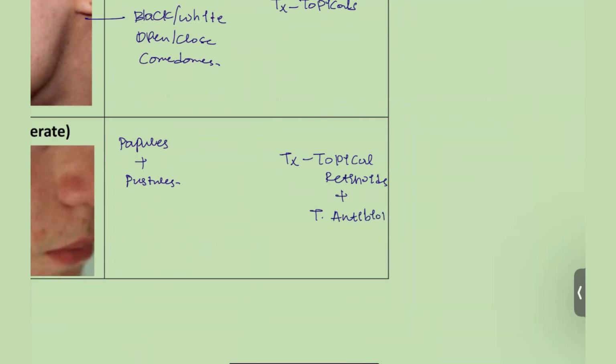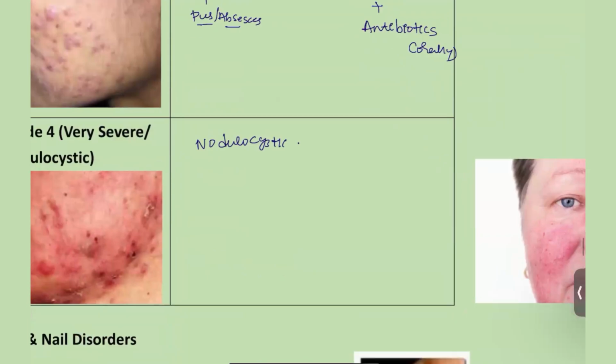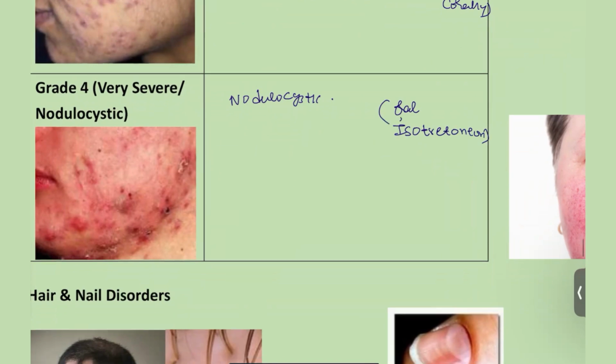Next, grade 3, you are going to give the topicals, plus due to abscesses and pustules you have to give oral antibiotics. Clindamycin is commonly used. Next, grade 4 is going to be extensive, so here you are going to give oral retinoids, for example oral isotretinoin. This is for grade 4.